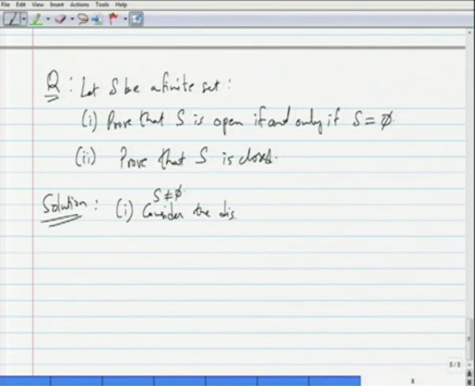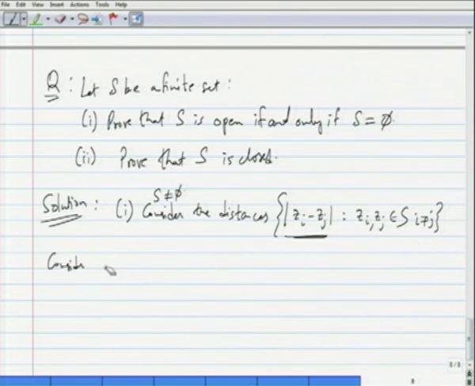Consider distances modulus of z i minus z j, such that z i, z j belong to S, i not equal to j. There are only finitely many points in S, so we can consider the minimum of these distances.